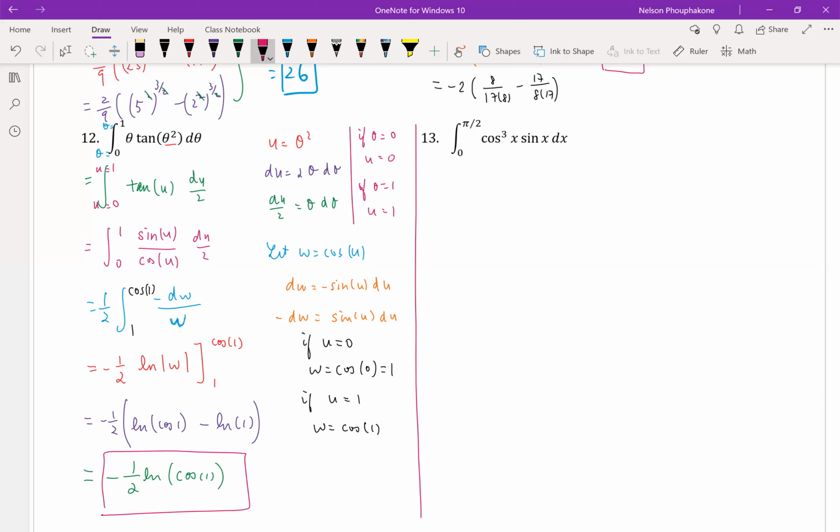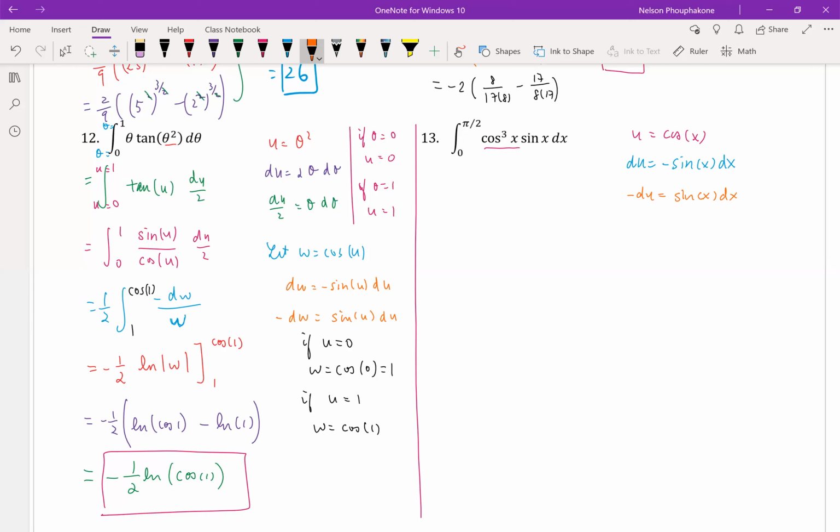Then how about number 13 now? This one right here, I think, is a little bit easy, because again, we could let u equal cosine of x. Then we will have du is negative sine of x dx in this case. And of course, sine of x dx is equal to negative du.